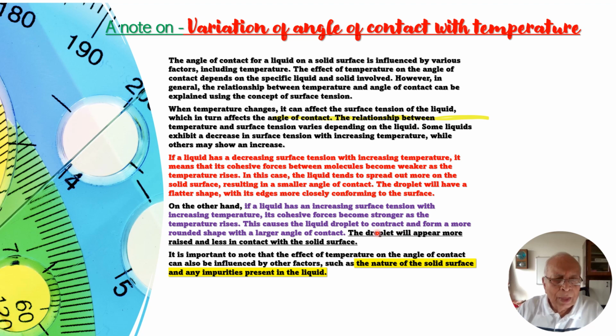Contrary to this, if there is an increasing surface tension with increasing temperature, of course, such conditions are rare, the cohesive forces become stronger as temperature rises. And in this case, the droplet will appear more raised, less in contact with the solid surface.